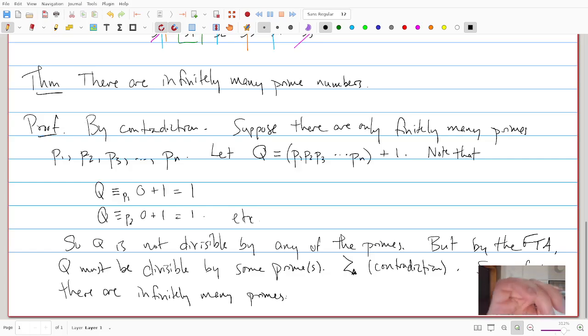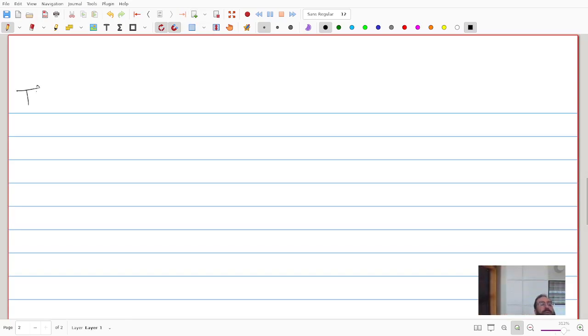I'm going to make a new page. So the largest currently known prime is, and this has been the largest prime we've known about since, I think, 2018.